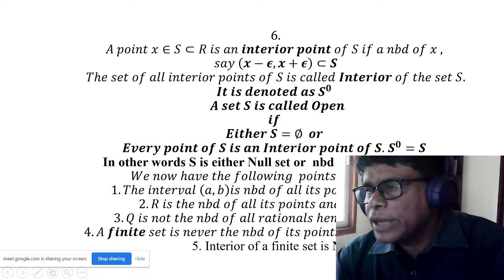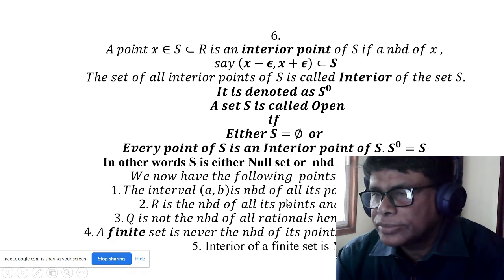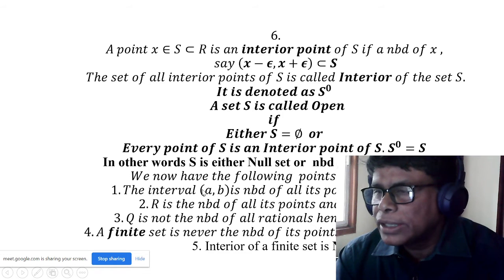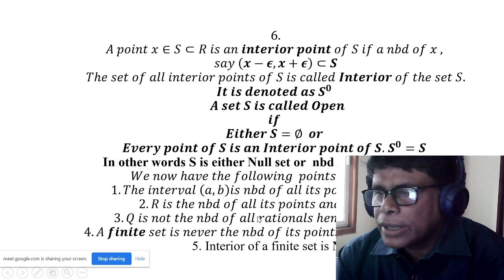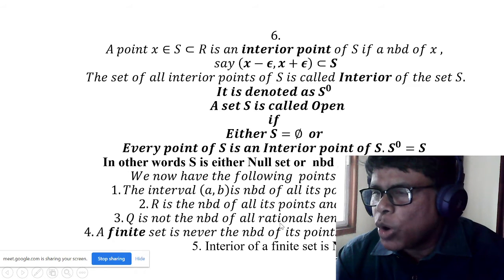Now the following points seem to be obvious. The interval AB is a neighborhood of all its points. All its points lie between A and B, hence this interval is open. R is the neighborhood of all its points and hence R is open. Q is not the neighborhood of all its rationals, hence Q is not open. A finite set is never the neighborhood of its points, as I told earlier, hence it is not open.